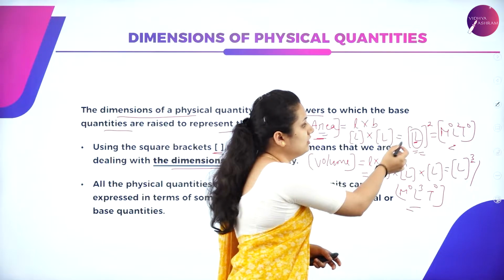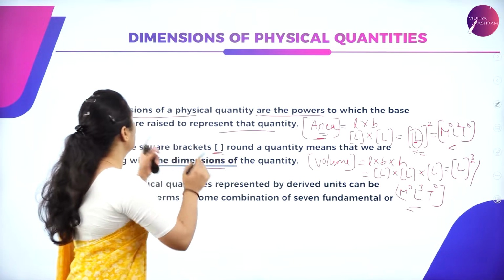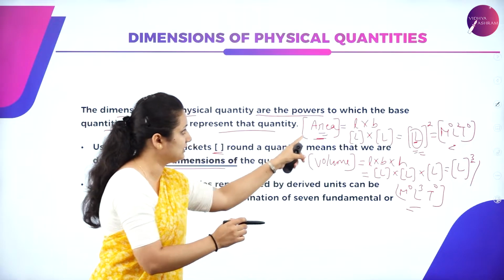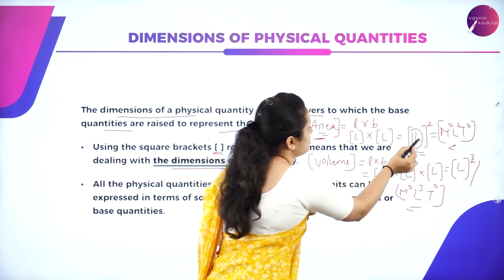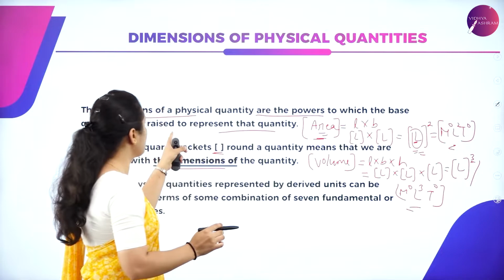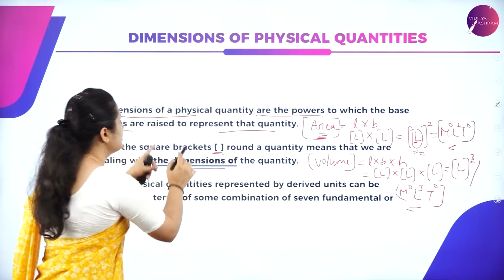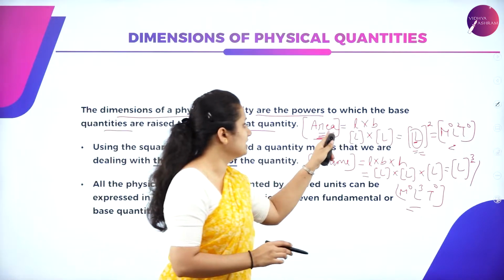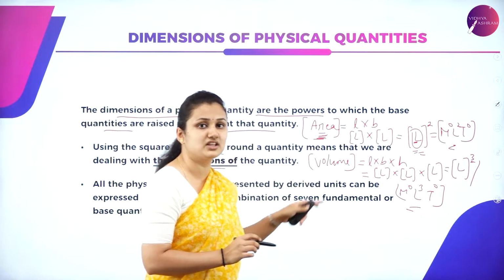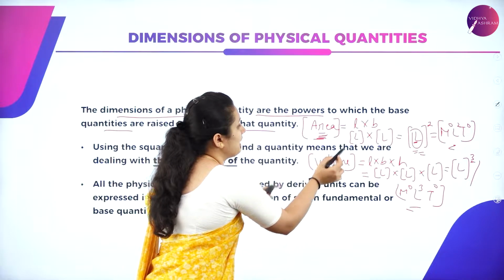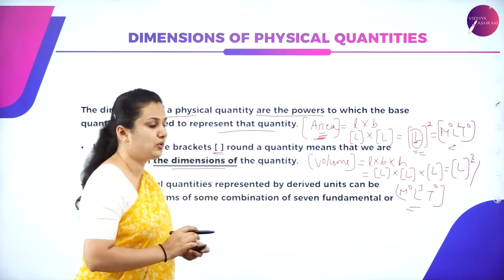It doesn't depend upon mass and time. So the dimensions of a physical quantity are the powers to which the base quantities are raised to represent that quantity. We use a square bracket around the physical quantity when we talk about its dimension.